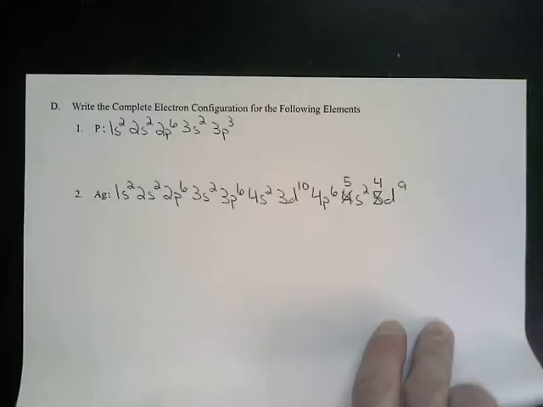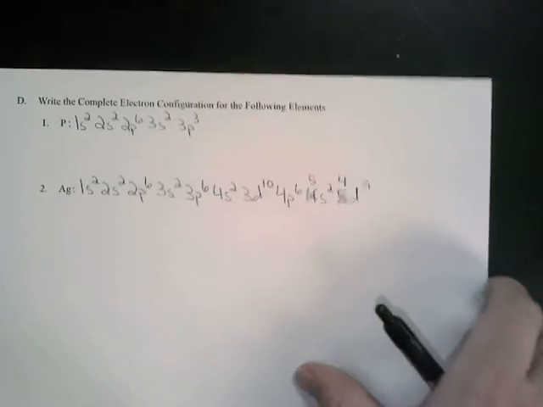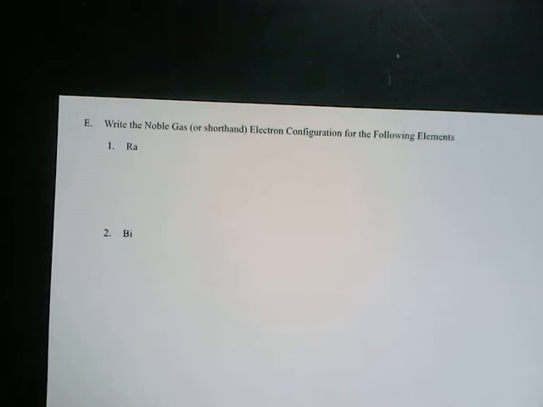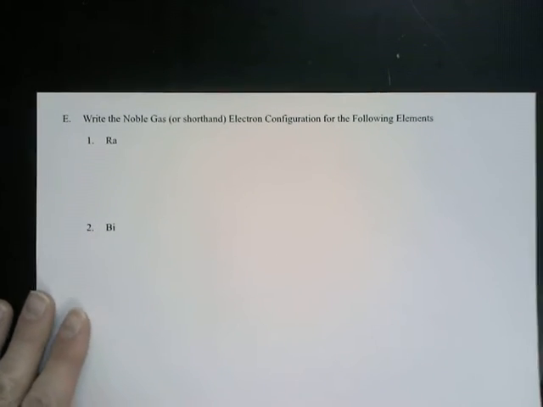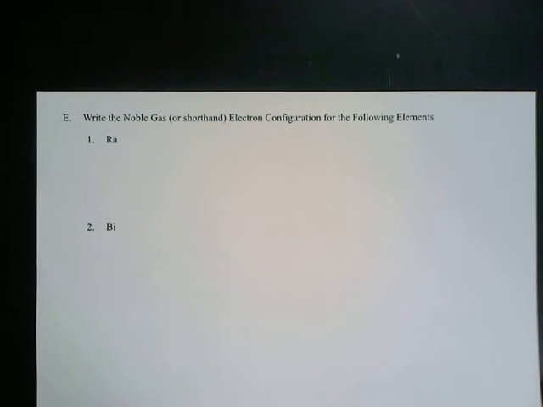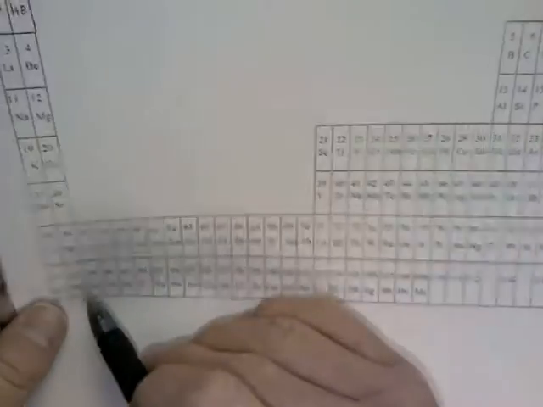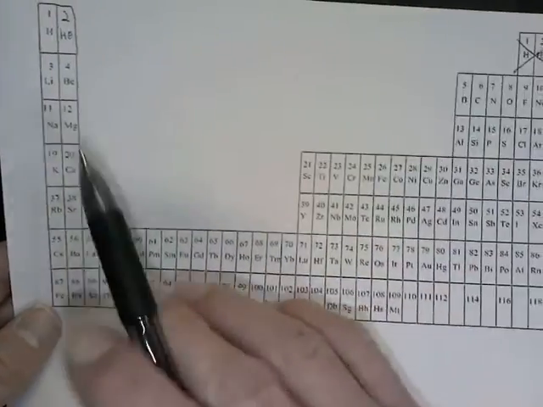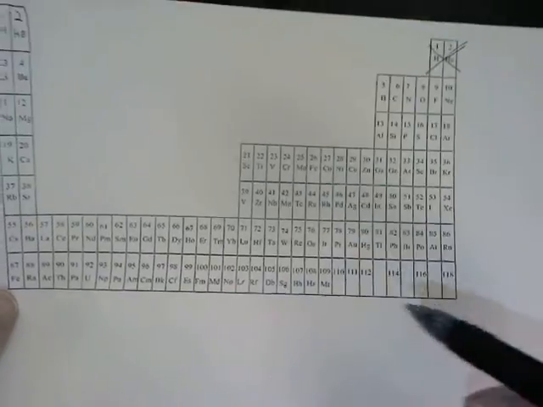All right, moving on here because, again, we want to write the shortcut method. What we do here is this. We do not want to write all of that business for each and every electron that we have. So we have a shortcut method because if we look up radium, Ra, we find it's element number 88. We do not want to do all of that business there for element number 88.